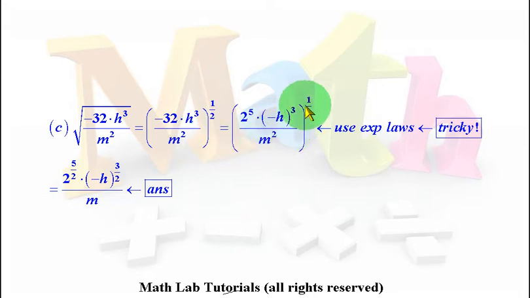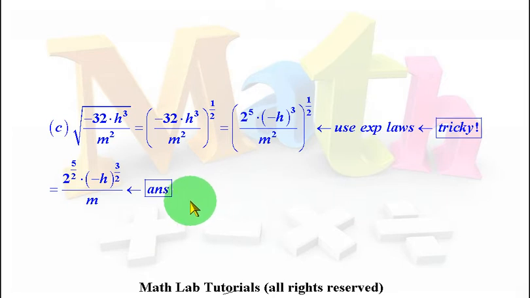And now I can use the exponent laws. I get 2 to the power 5 times 1/2, which is 2 to the power 5 over 2. I get minus h to the power 3 times 1/2, which is minus h to the power 3 over 2. And then on the bottom, I get m to the power 2 times 1/2, which is just m. And so this would be the final answer.